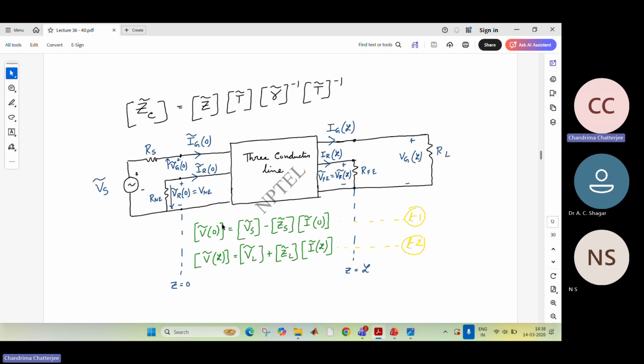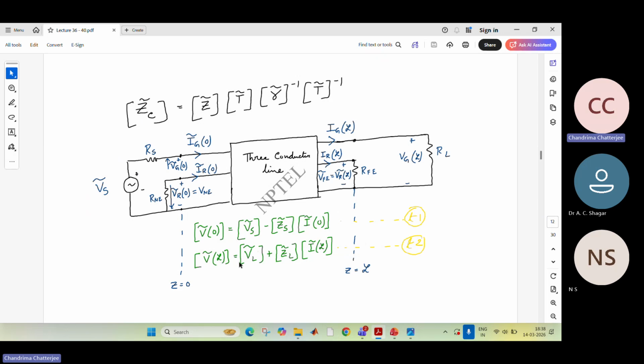And what are these equations? This is V0 is equal to Vs minus Zs I0. Obviously, if this is Vg0, what will be Vg0? Vs minus Ig0 Rs. You just apply KVL over here. So Vg0 is Vs minus Ig0 Rs, and that's what is written here.